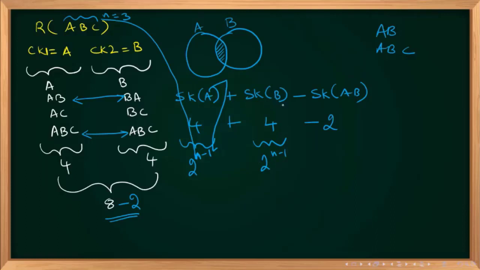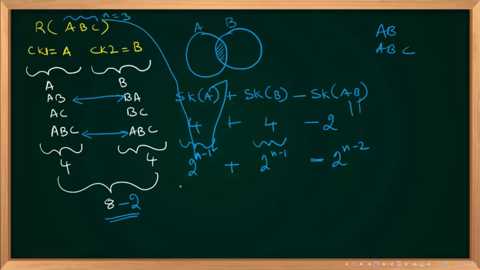Then here also one attribute, 2 power n minus 1, minus... 2 power n minus 1 plus 2 power n minus 1 minus, what is that? Super keys of AB, 2 power n minus 2. Why 2? 2 attributes.